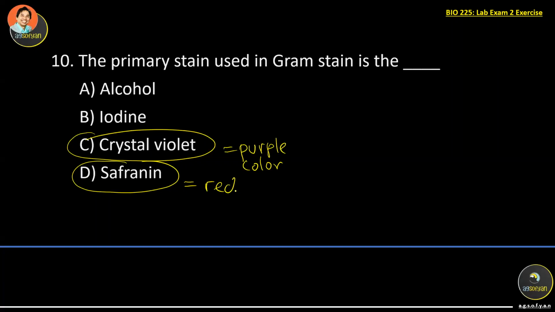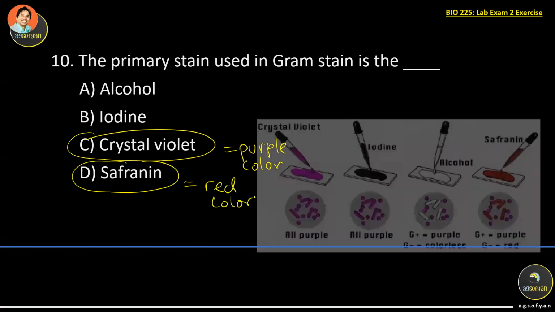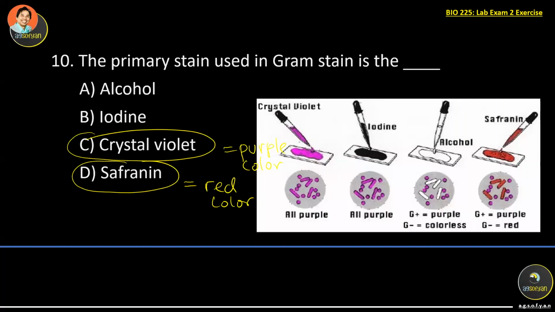It has red color. So if you see this, this is the first thing that we have to do when gram staining is using the primary stain, the crystal violet, which is blue or purple color. And then the last step is using the counter stain, which is safranin.